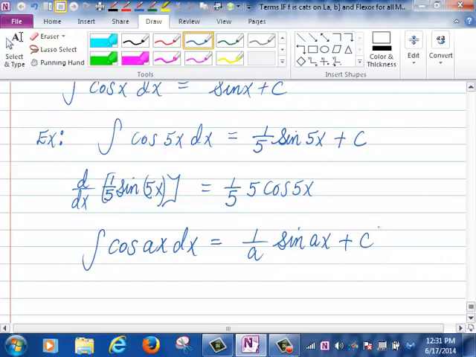Can someone tell me what would be the integral of sine ax? Can you guess what that is? Negative 1 over a cosine ax plus c. Okay, I'll just stop right here.